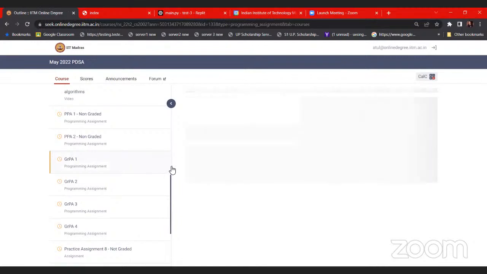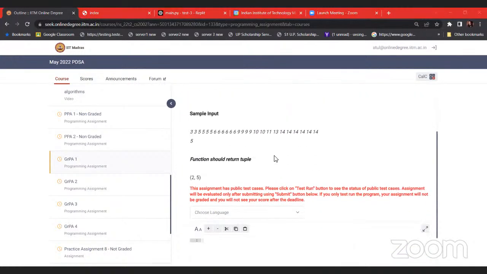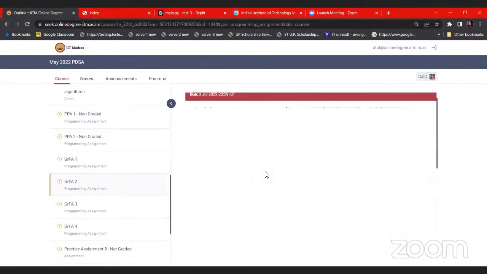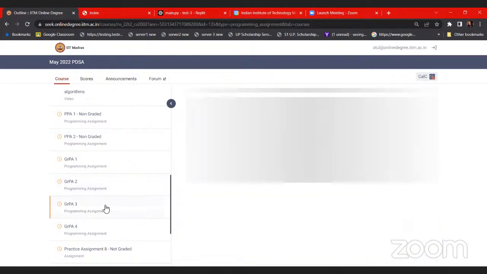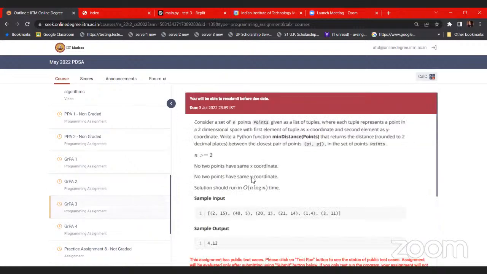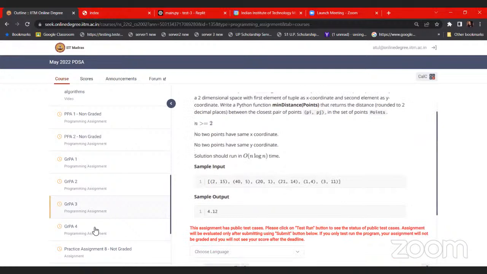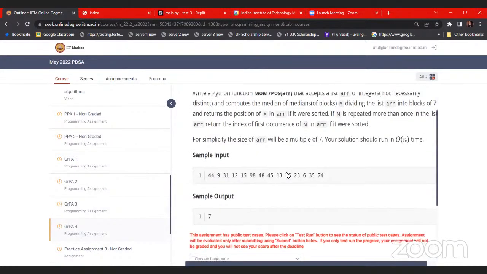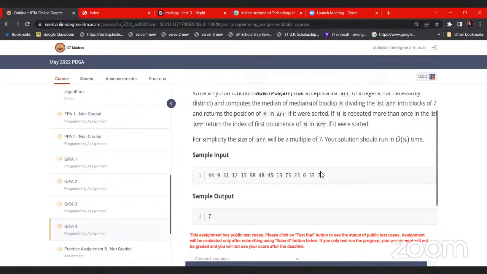For the first question, the time is okay, and the log n time one is also okay. For minimum distance, it should run in log n time. This is MOM, on time. I wish I would get an error at least telling that this is due to time.